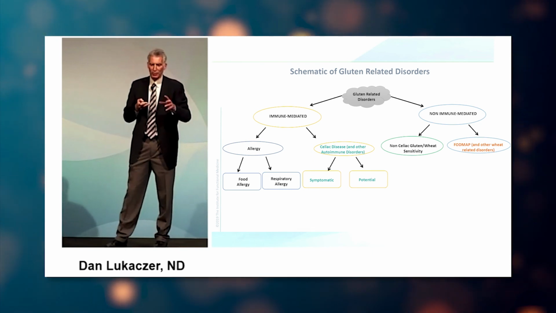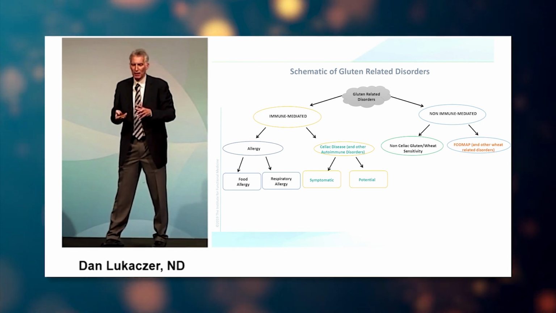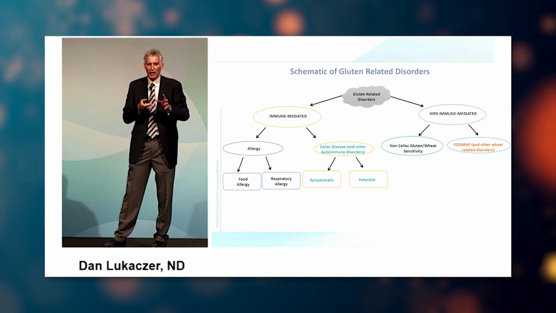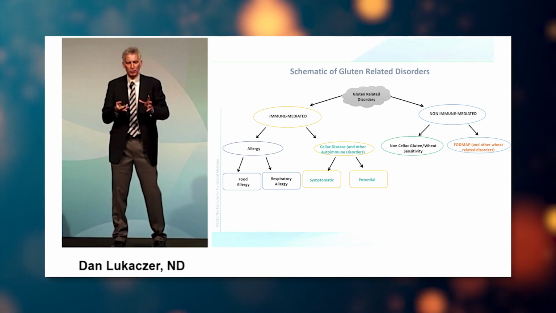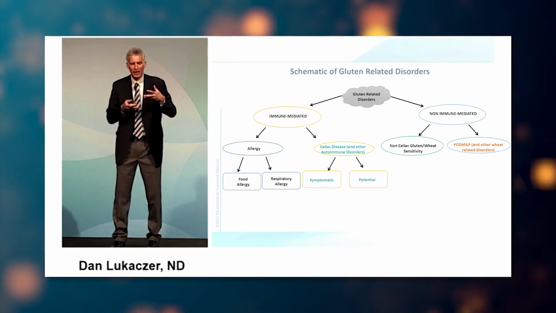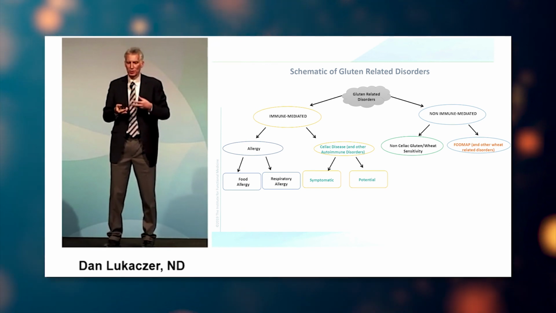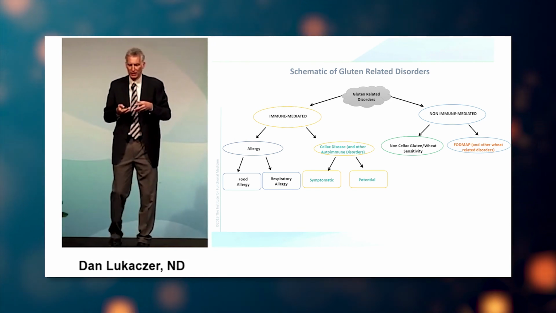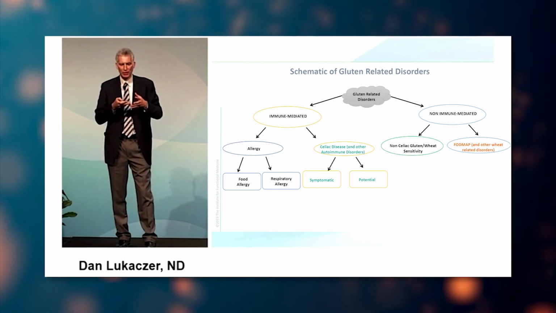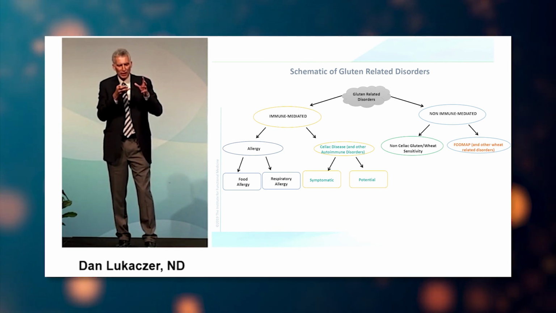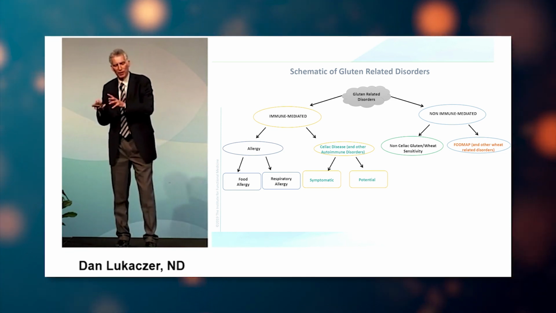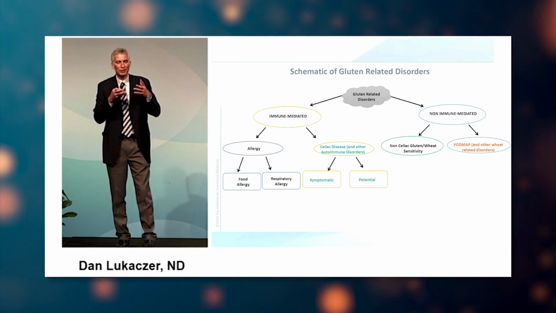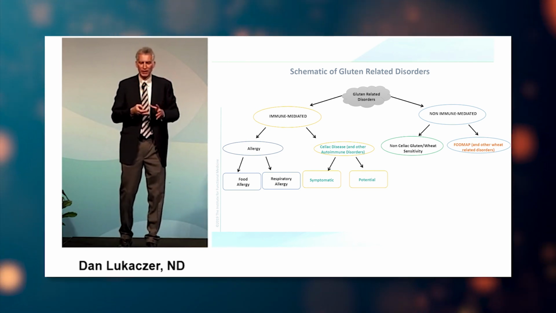And then there's the other group, which is non-immune mediated, and I talk about FODMAPs and other wheat-related disorders that I'll talk about in a moment or two. They may involve gluten, they may involve wheat. When we're talking about FODMAP, it's generally involving the carbohydrate in wheat.